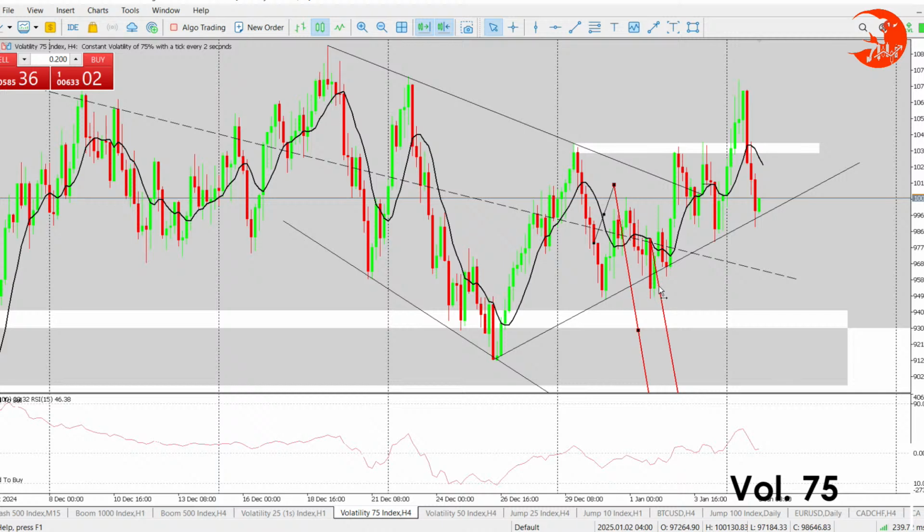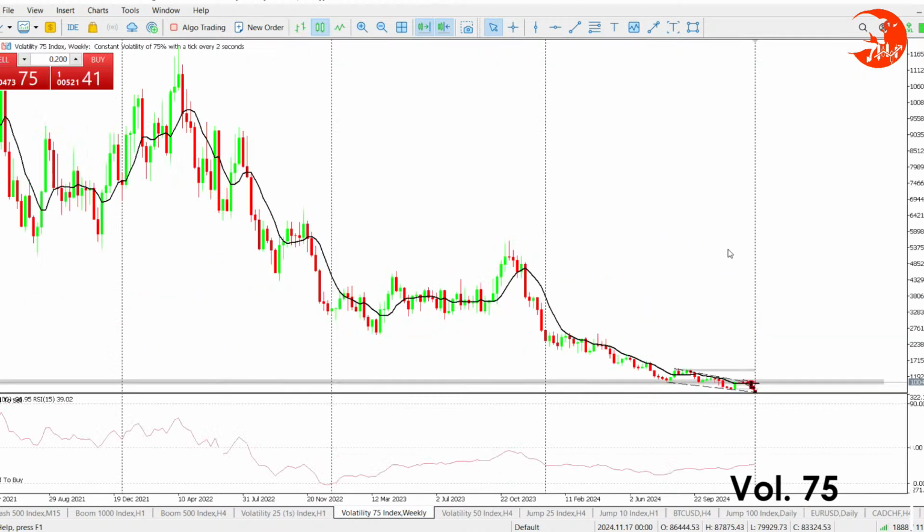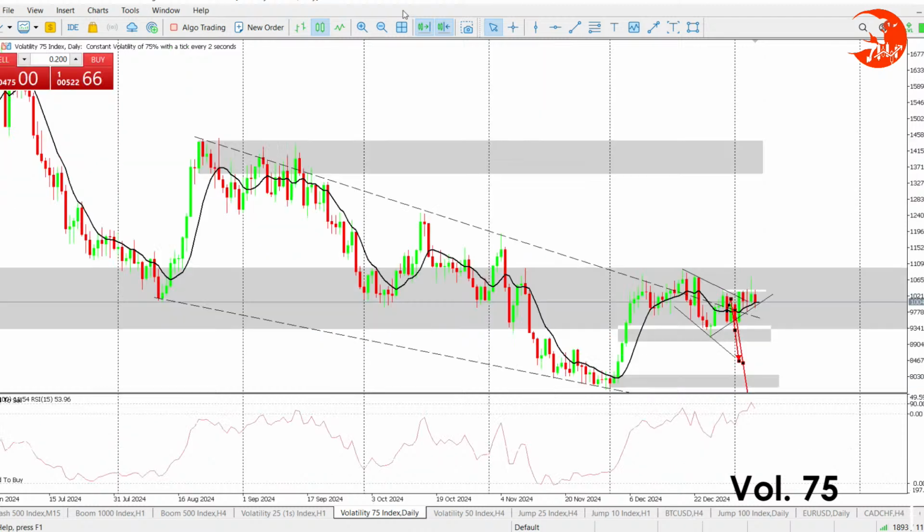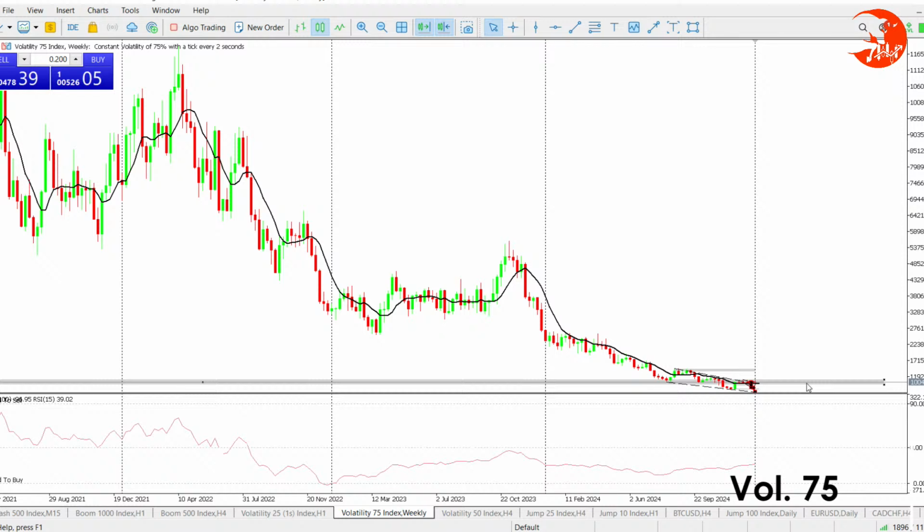But here, most of the time, we are having a deeper dive into understanding how the asset will move even on higher time frames. So we anticipate all the way from the weekly time frame. So H4, V75, we saw there we had a breakout on our weekly support. That was a weekly support.